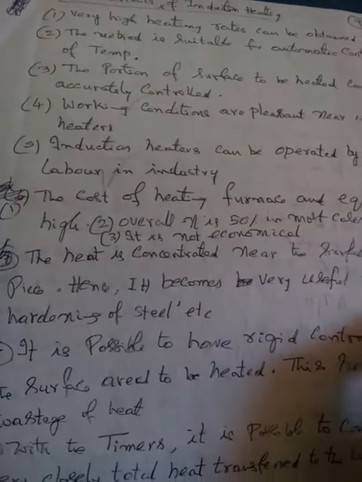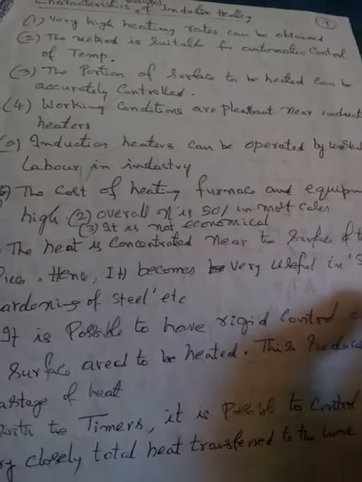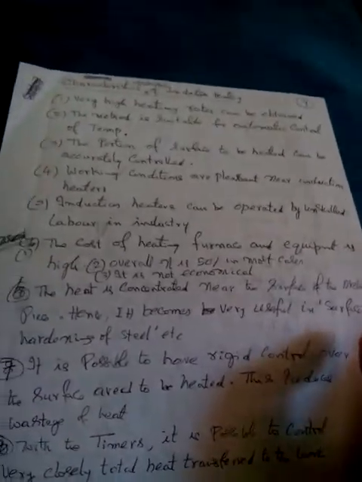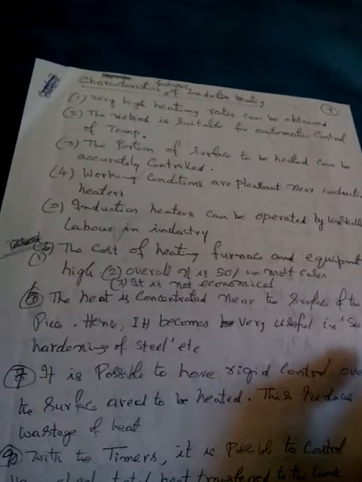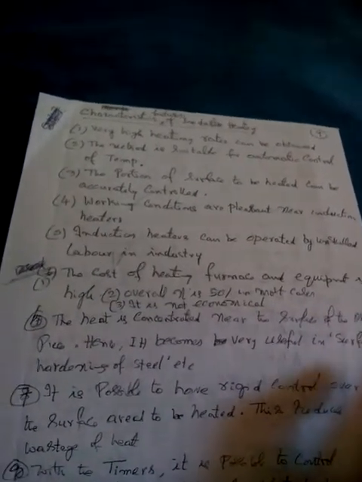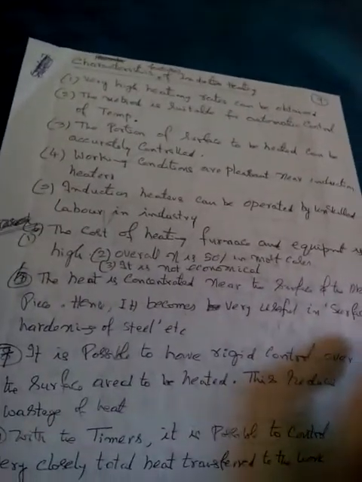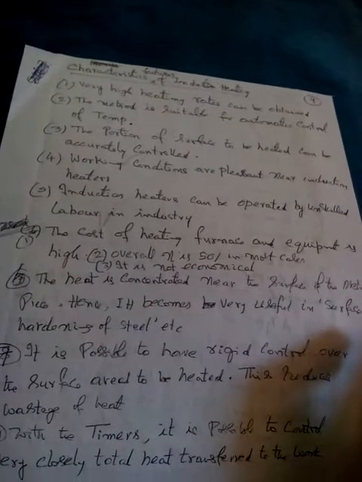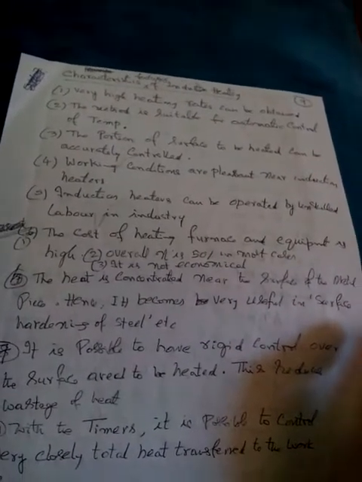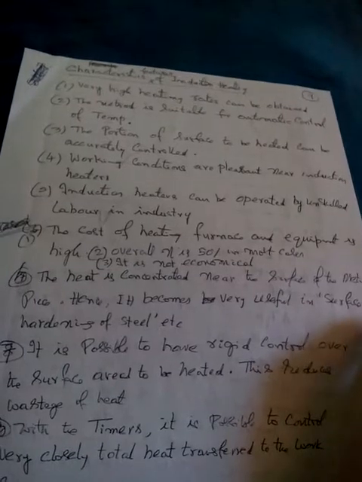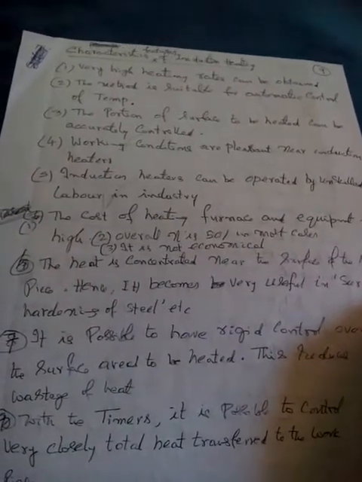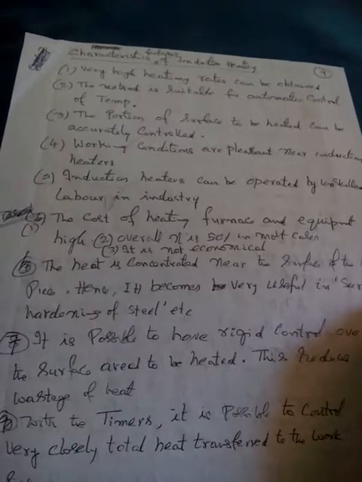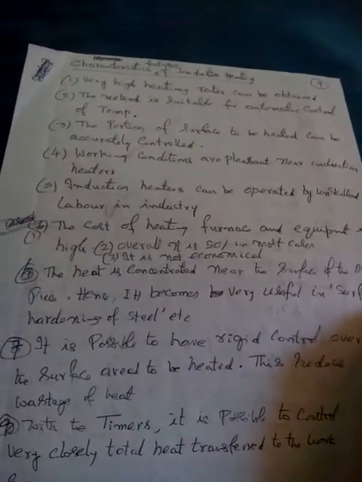Number seven, the heat is concentrated near the surface of the metal piece. Hence induction heating becomes very useful in surface hardening of steel, etc. If you want to do surface hardening, this is the best method. Number eight, it is possible to have rigid control over the surface areas to be heated.